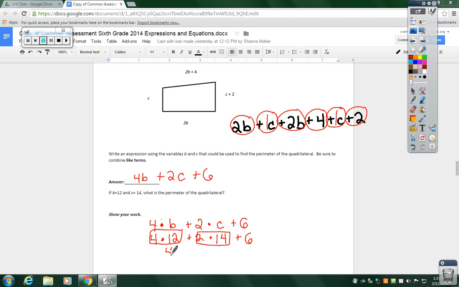This is going to be 48 plus 28 plus 6. I'll add these two first, and I'm going to get 76 plus 6. And when you take that final sum, you get a simplified answer of 82. So that was number 1.